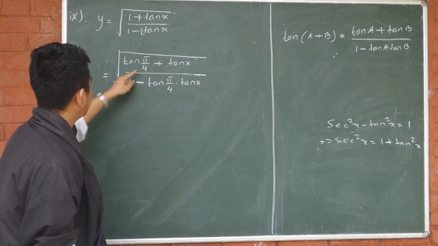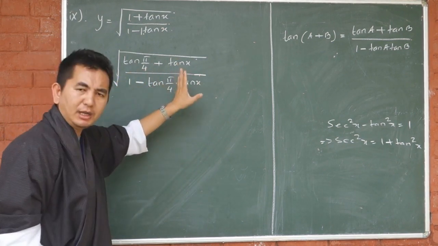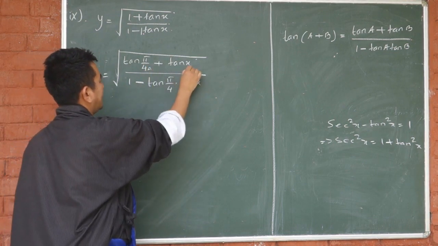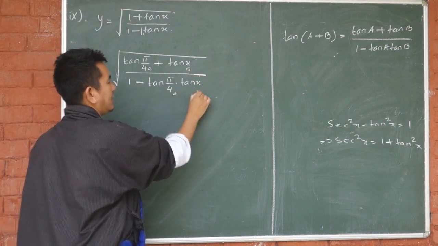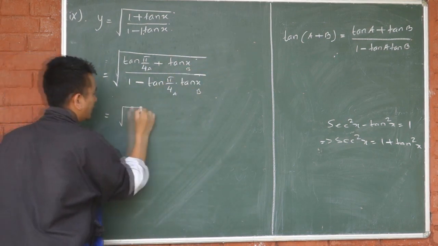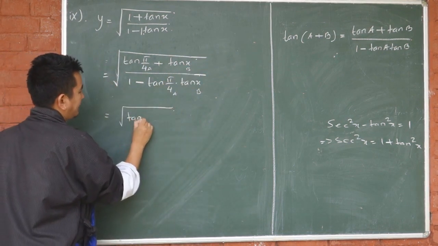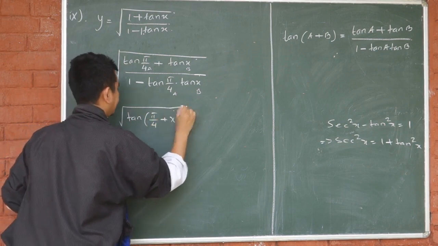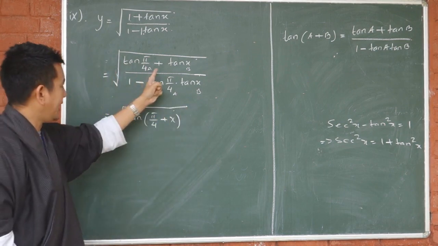Now if you see, this is in the form of tan A plus tan B divided by 1 minus tan A tan B, isn't it? You can write in that form, which will be root of tan of (A plus B).